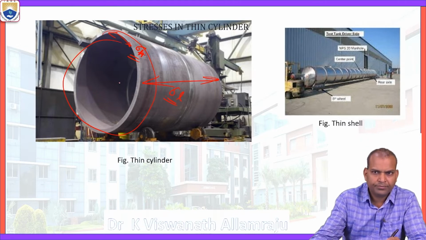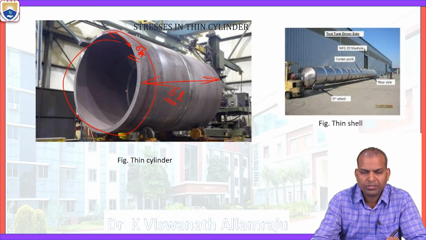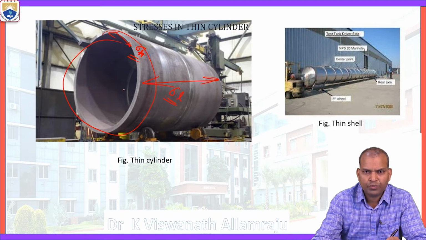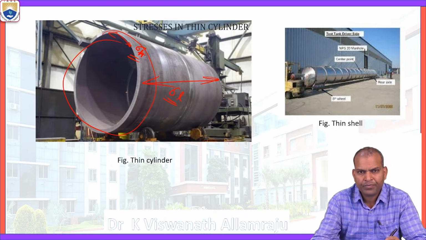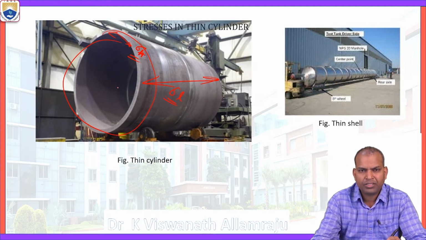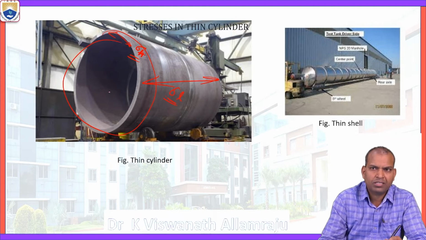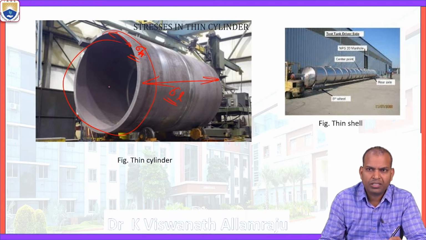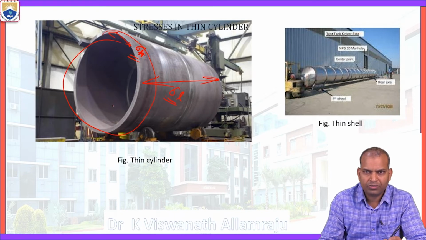At the same time, if you maintain too much thickness or too much strength, it adds to the cost of the product. So in order to minimize the cost, and at the same time have these shells withstand the maximum pressure levels, we have to design and manufacture these cylindrical shells. Those are two very important factors.